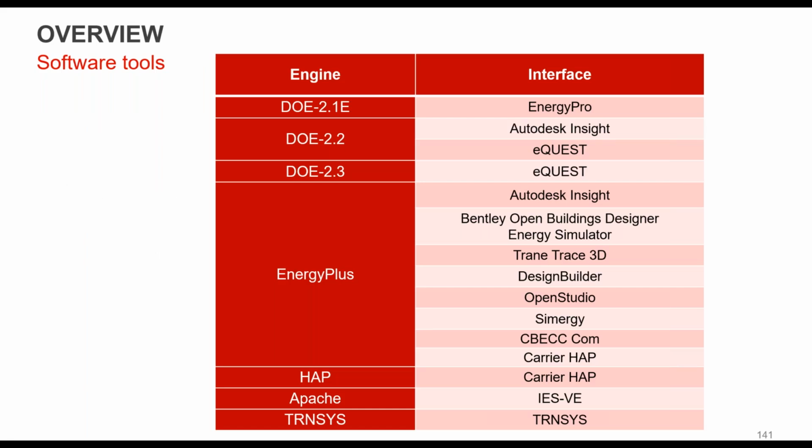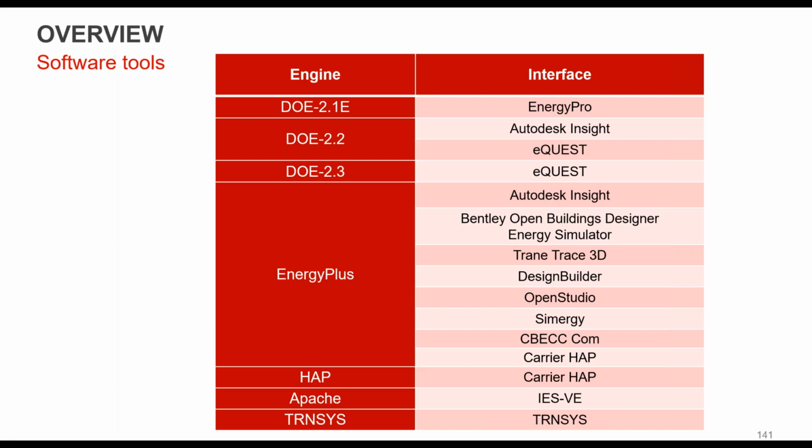So there are kind of two parts, and what you'll see is that you may have an engine. You may have one of the DOE-2 engines, such as DOE-2.1E, 2.2, or 2.3, and they'll have different interfaces for that. EnergyPlus has quite a number of different interfaces at this point.